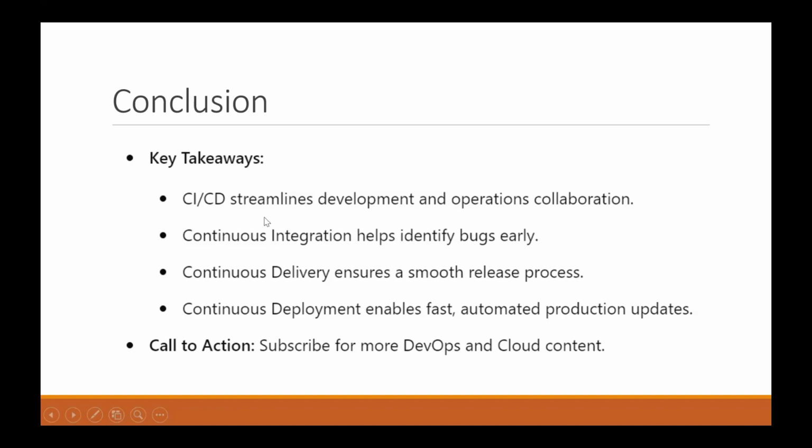Okay, so that's it. In this video, we have discussed basic DevOps concepts, like what is DevOps, what is CI/CD, what is continuous delivery, deployment, and continuous integration. We discussed different use cases. We discussed the differences in all of those as well.